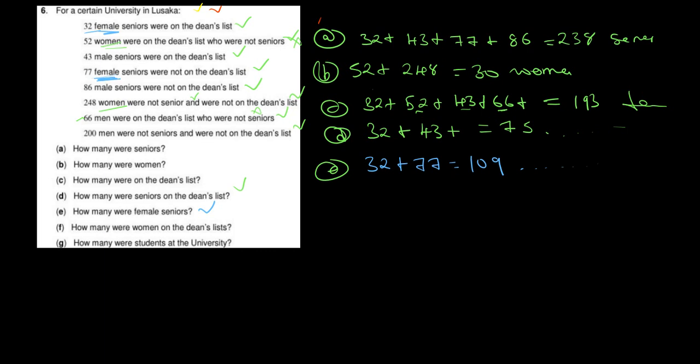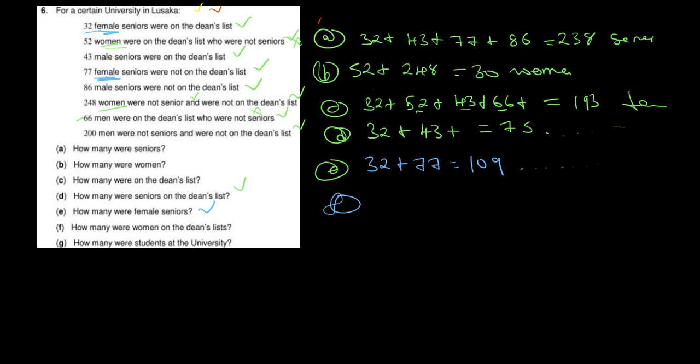Then for F, so for F now, we go for how many were women on the dean's list, so we go where women is mentioned.